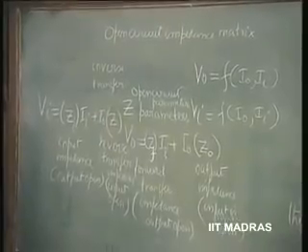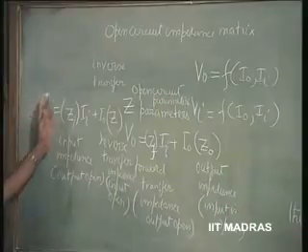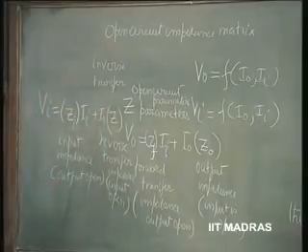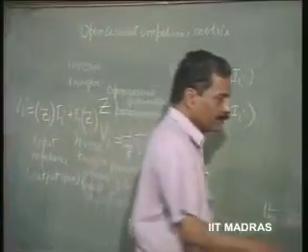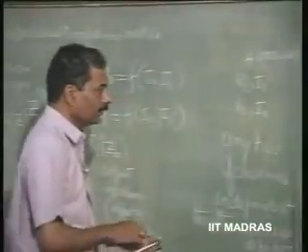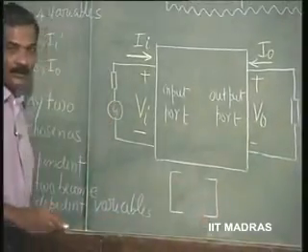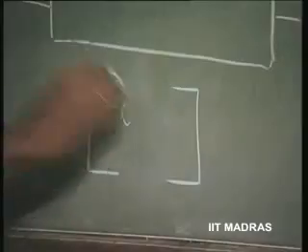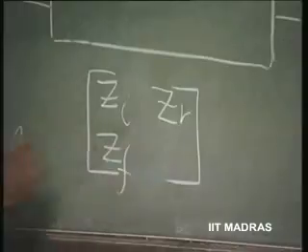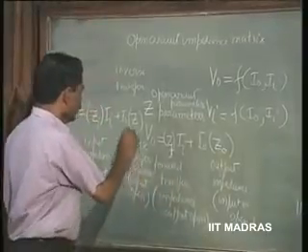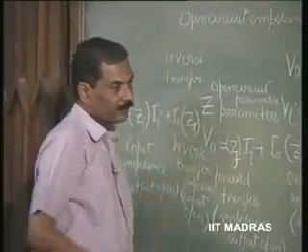Therefore, if I represent this as dependent variable and independent variable, then I can represent this in the matrix form in the following way. Let us see how this is going to be looking like. This is the port. I can put the matrix here, right? Zi, Zr, Zf. So we have to call this Zr, because it is the reverse transfer impedance.